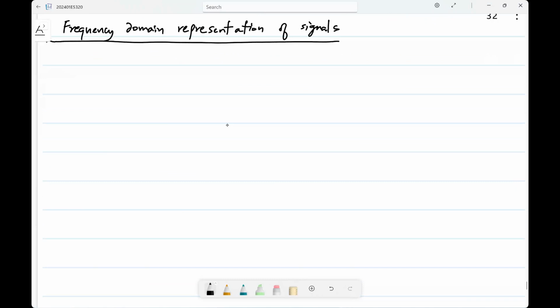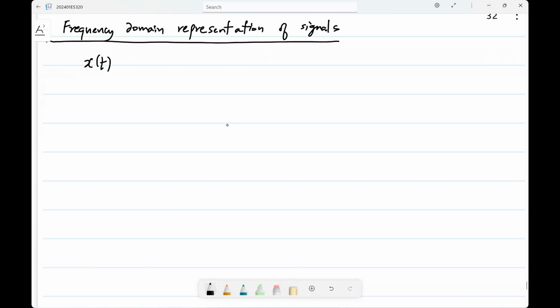So let's say you have a time domain signal. In the time domain, it is x of t. So what frequency domain description would you use? What is it called? The Fourier transform, let's say.